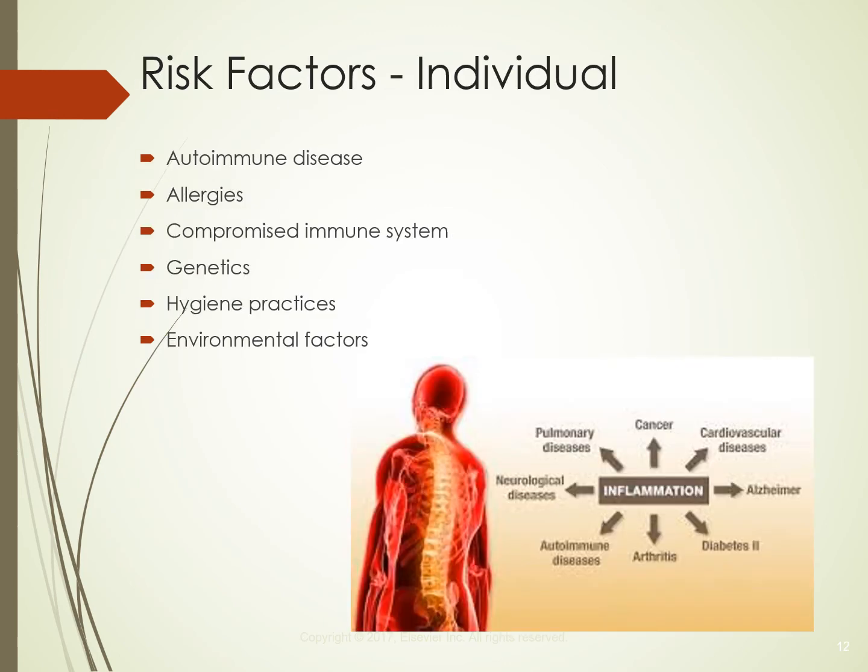Risk factors coming from an individual would include autoimmune diseases, allergies, compromised immune system, genetics, hygiene practices, and environmental factors. Inflammatory diseases in this category would include cancer, cardiovascular diseases, Alzheimer's, diabetes 2, arthritis, autoimmune diseases, neurological diseases, and pulmonary diseases.